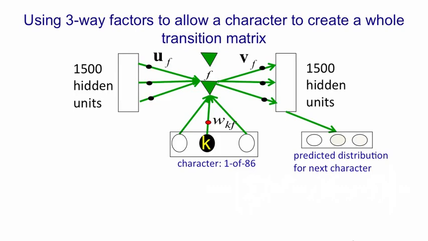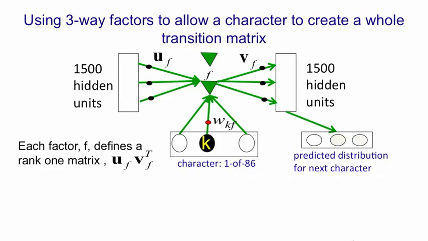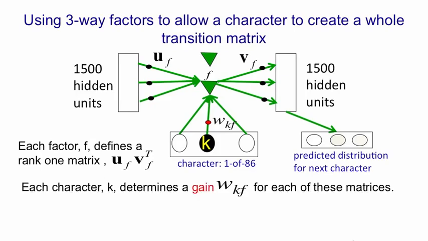And that weight from the current character k, which is called w_kf, is the gain that's used on the rank 1 matrix got by taking the outer product of u and v. So the character determines a gain, w_kf. You multiply the rank 1 matrix uv by that gain. You add together those scaled matrices for all the different factors, and that's your transition matrix.